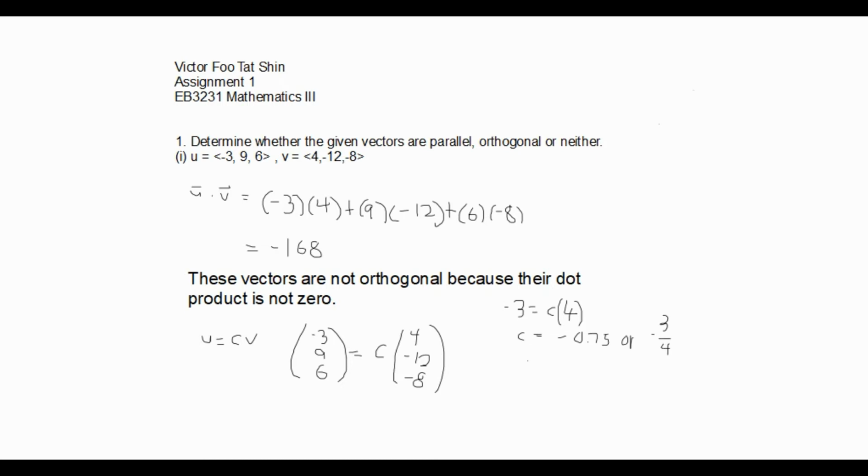And if you take the second one, 9 equals c times -12, and you get the same answer, c as -0.75.